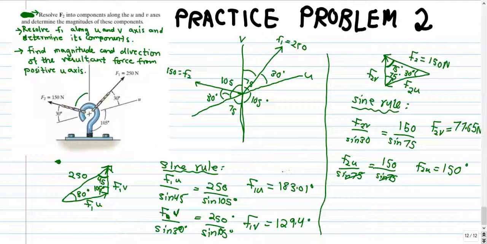So before we move on to find the magnitude of the resultant force and its angle from the positive u-axis, we should first draw the directions. This is a step that we should have done in the beginning, but since I forgot, I'm going to do it now. For the axes that they have given us, we can take either side to be positive or negative.